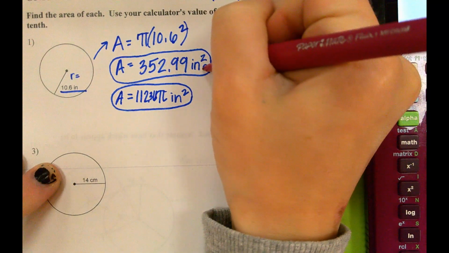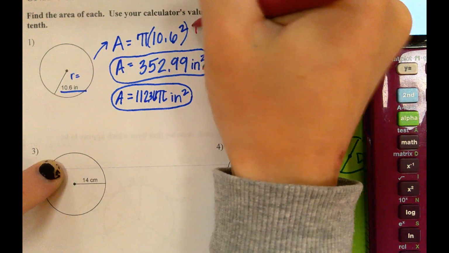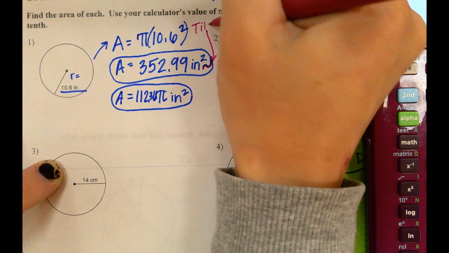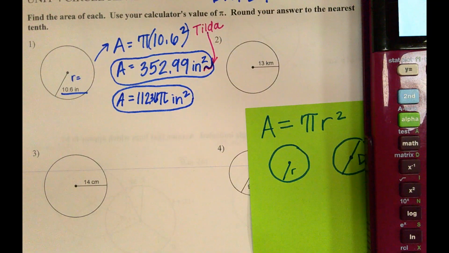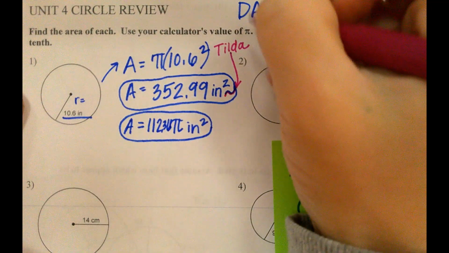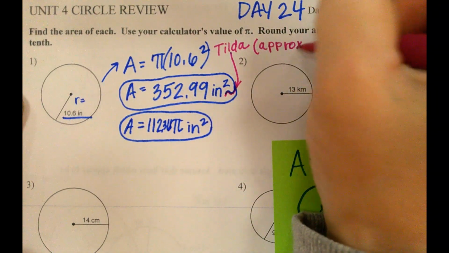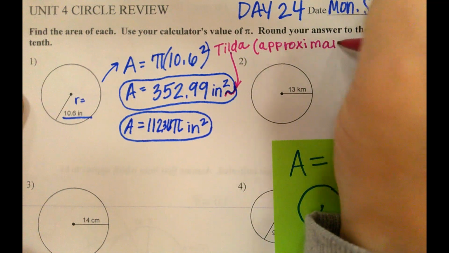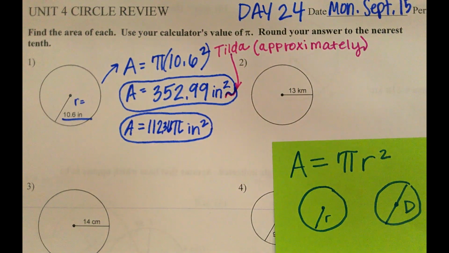And I'm going to highlight that and label it to help us remember this is called a tilde, pronounced like Matilda. Tilde. And that just means we can make a little note, approximately.